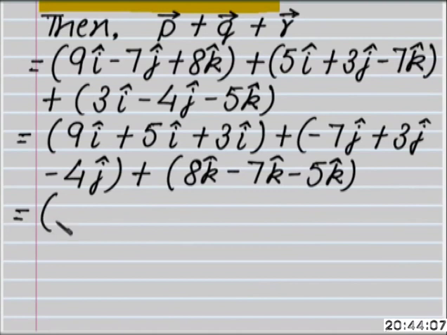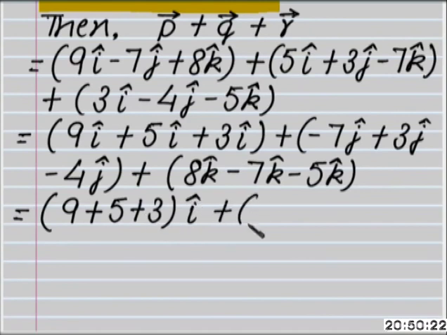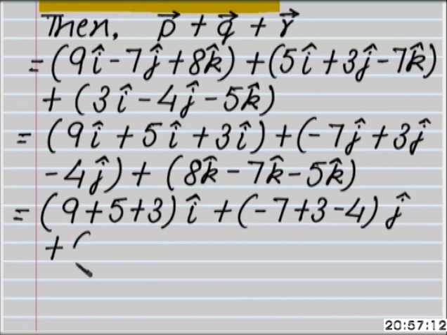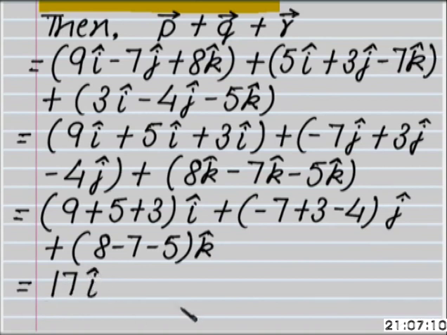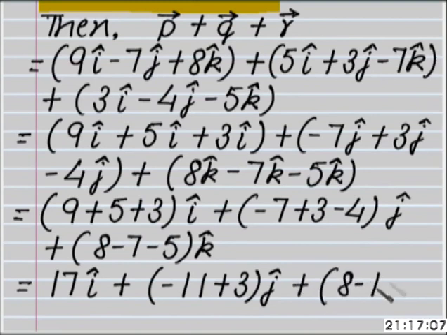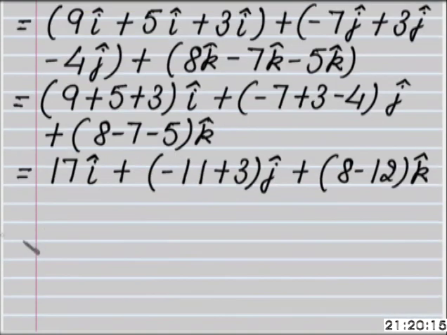that is further equal to 9 plus 5 plus 3 into I cap plus minus 7 plus 3 minus 4 into j cap plus 8 minus 7 minus 5 k cap, and that is equal to 17 I cap plus minus 11 plus 3 j cap plus 8 minus 12 k cap, and that is equal to 17 I cap minus 8 j cap minus 4 k cap.